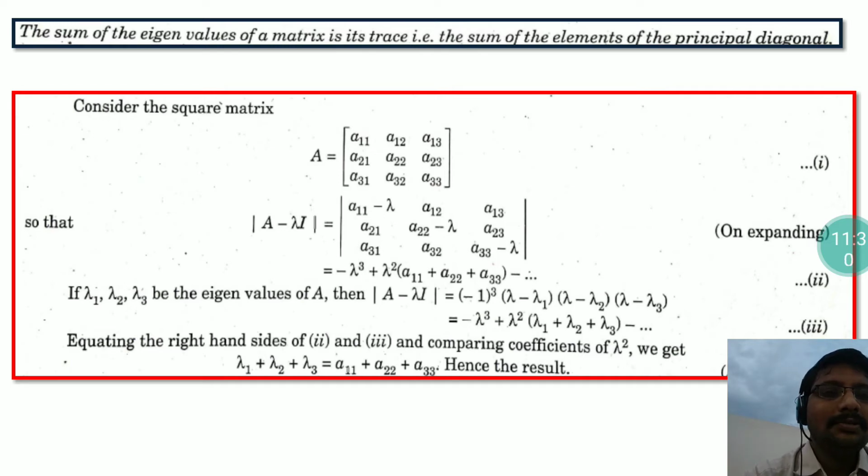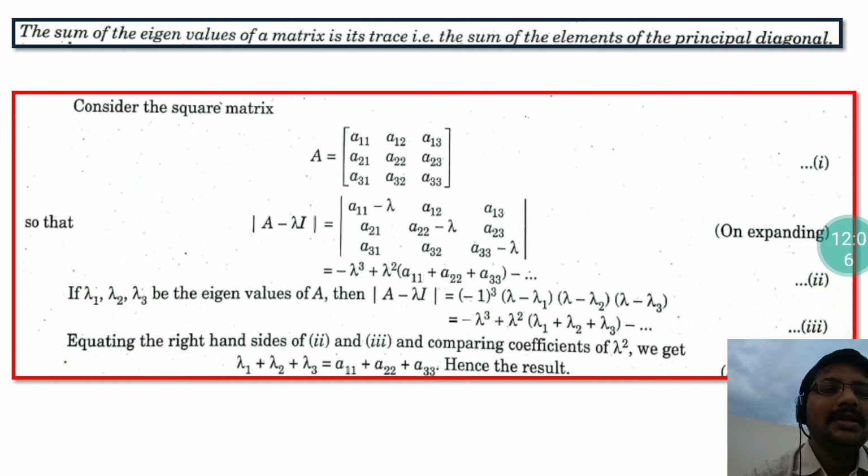Here we are considering only two terms, that is negative lambda cube plus lambda square into the sum of principal diagonal elements, a11 plus a22 plus a33, minus and so on. If lambda 1, lambda 2, lambda 3 are the eigenvalues of A, then the determinant of A minus lambda I is equal to (minus 1) whole cube into (lambda minus lambda 1) into (lambda minus lambda 2) into (lambda minus lambda 3).